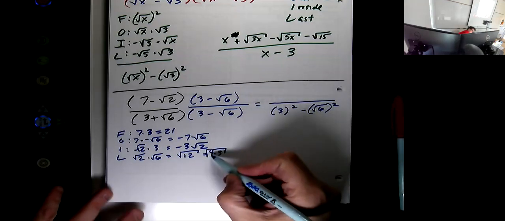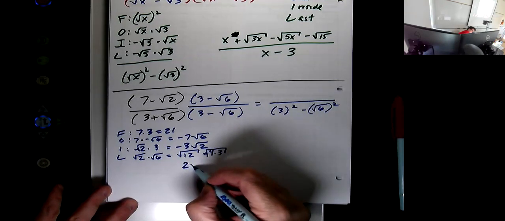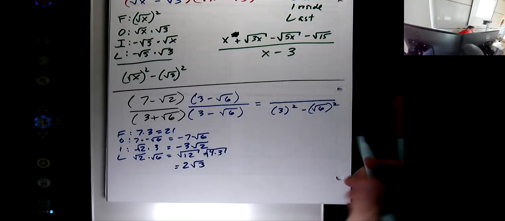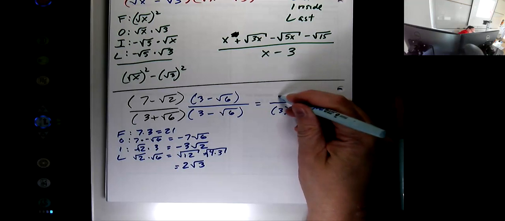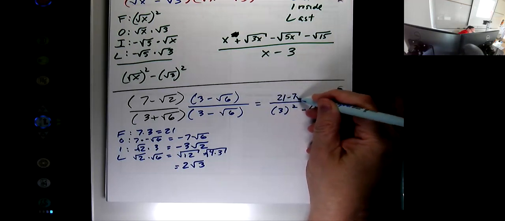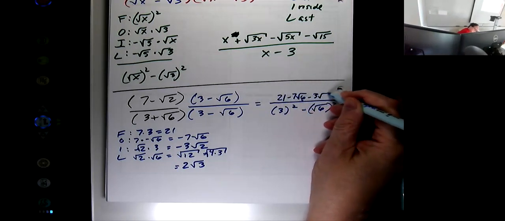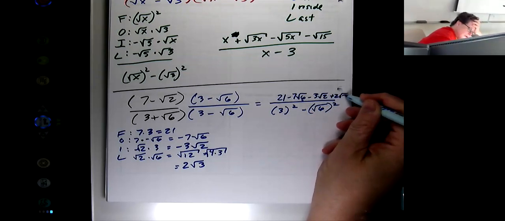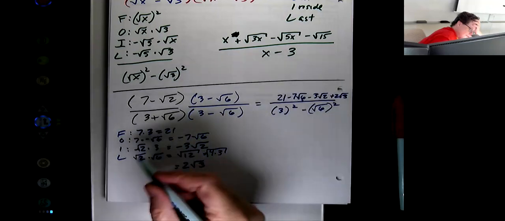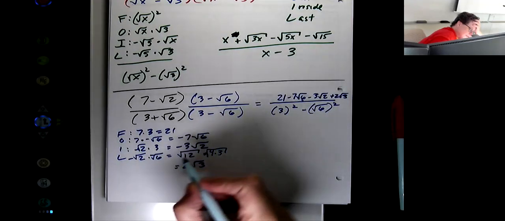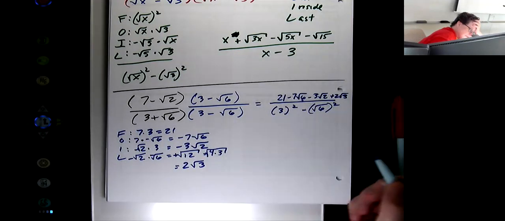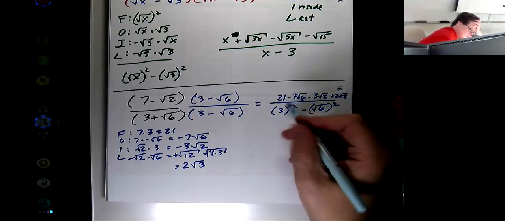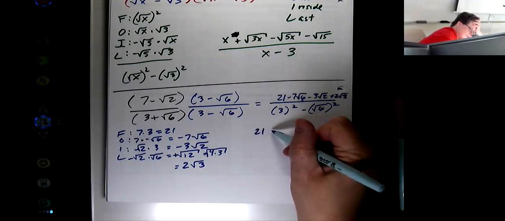So the square root of 4 is 2. 2 root 3 for that one. And there were 2 negatives, and so they canceled out, made them positive. So that top doesn't get any cleaner than that, there's nothing you can do.